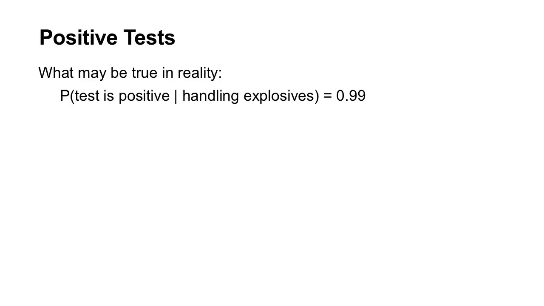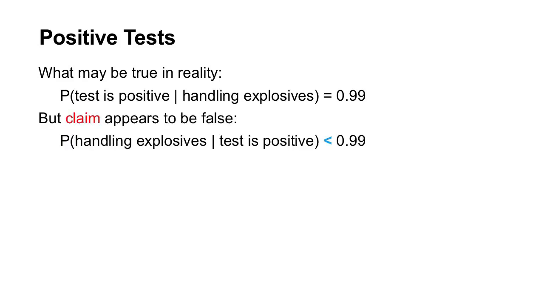Now, here's the problem of what happened. The expert witness already made the prosecutor's fallacy, because what he should have said is the following. If you handle explosives, then the test will be positive. So, then you'll come in touch with this chemical and the test will give us a positive signal.